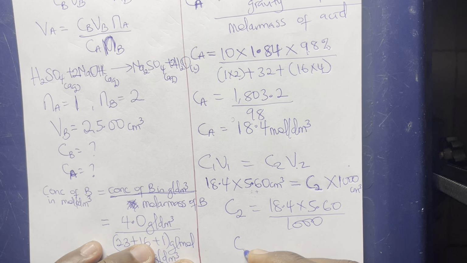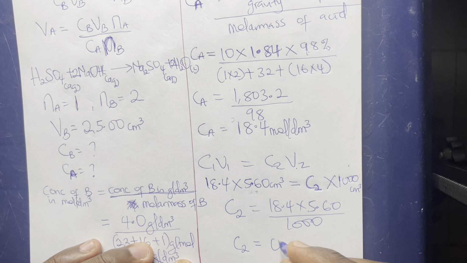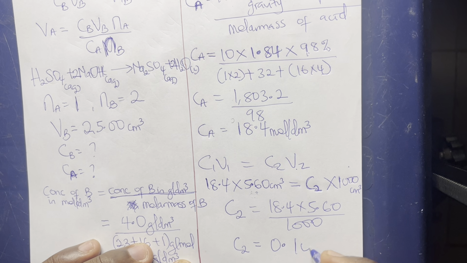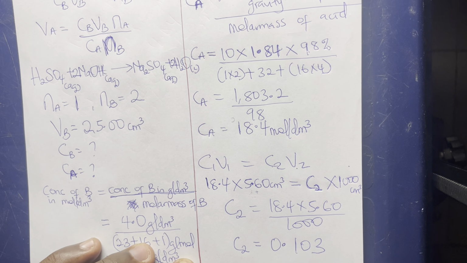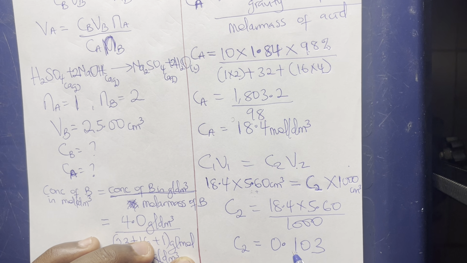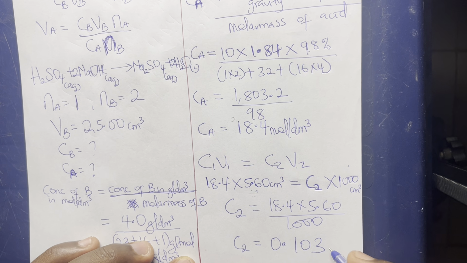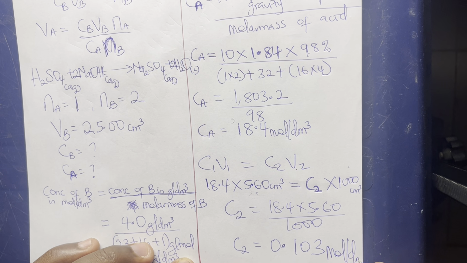So our C2 is going to be 0.103. Let's leave it in 3 significant figures: 0.103 mole per dm cube.